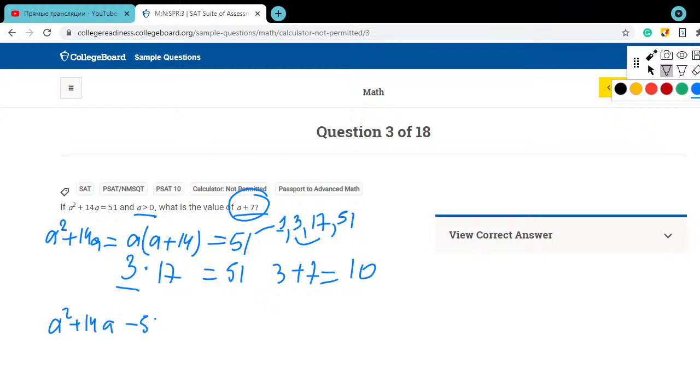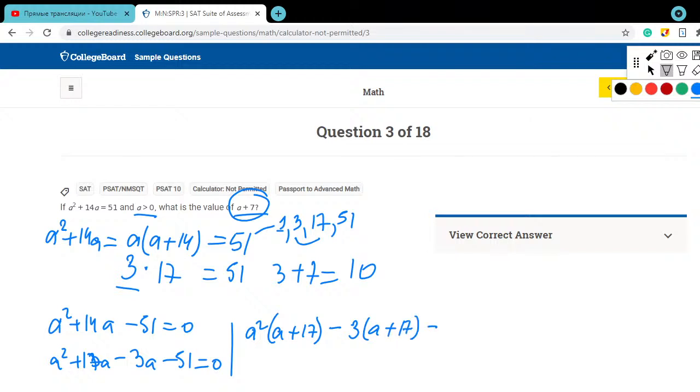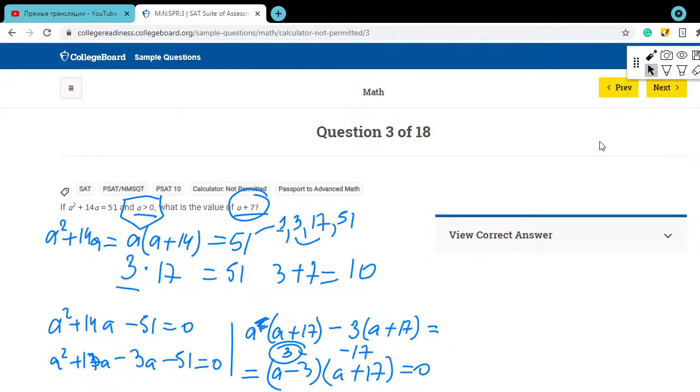Minus 51 equals 0, we write a squared plus 17a minus 3a minus 51 equals 0, and we will get a plus 17 and a minus 3. Oh, it's not squared, sorry. We get a minus 3 times a plus 17 equals 0, so one solution would be 3 and the other minus 17, and it says a is more than 0, so it's 3 again. 3 plus 7 is 10. Yep.